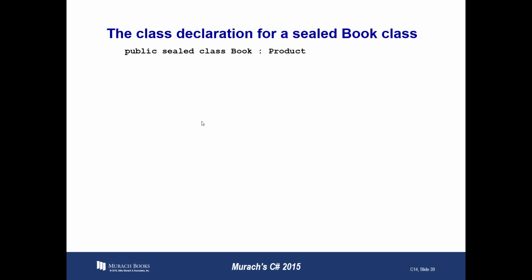A sealed class is kind of like putting final in front of it, like what we've done in other languages. When a class is sealed, what you're saying is it can't be inherited. If you try to create a sealed class, you must do something like this. All right? Sealing a class is a good and a bad thing.